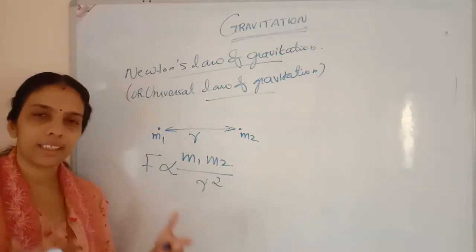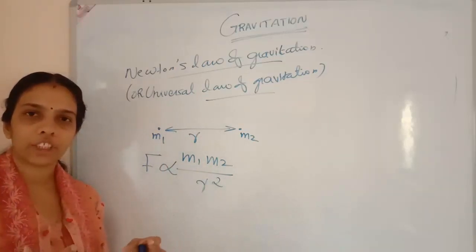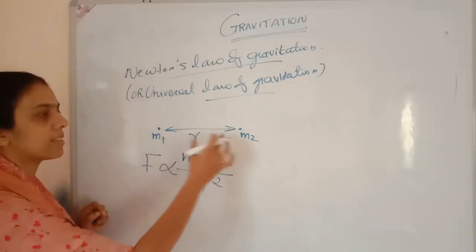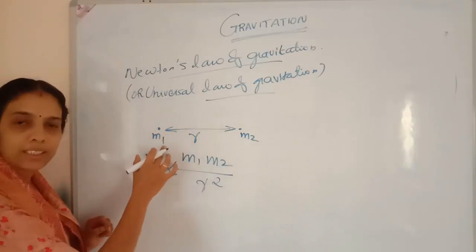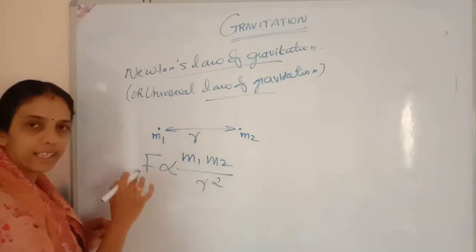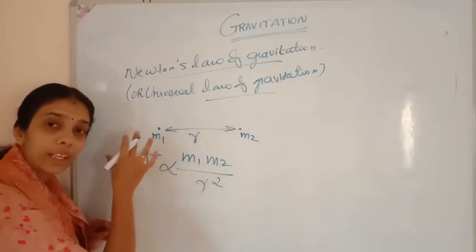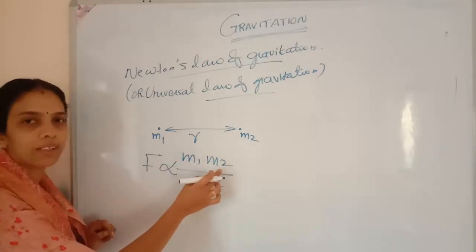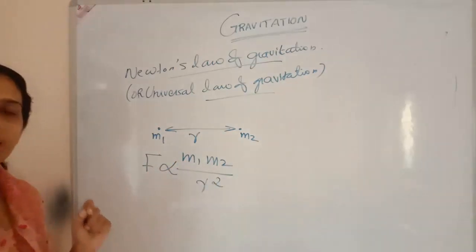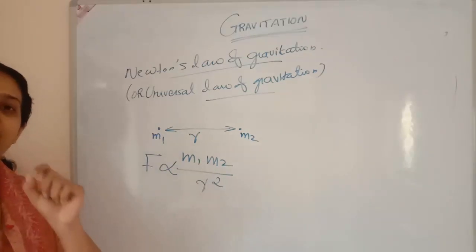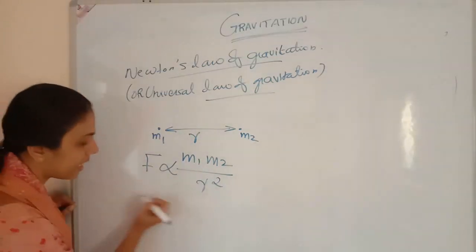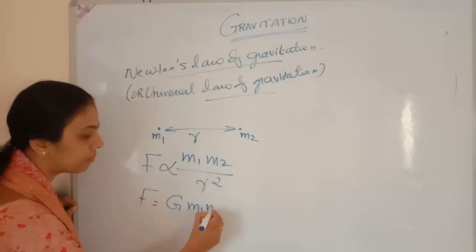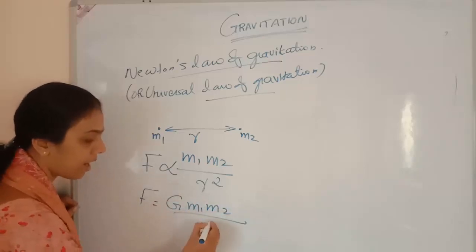Here, for two objects having masses m1 and m2 separated by a distance r, the force acting between the objects is directly proportional to the product of their masses and inversely proportional to the square of the distance between them. That is, F equals G into m1 m2 divided by r square.